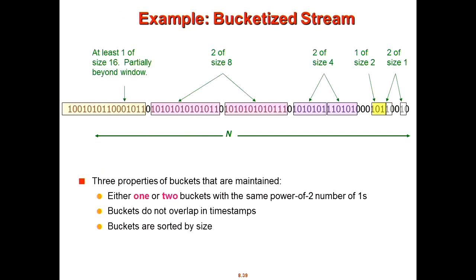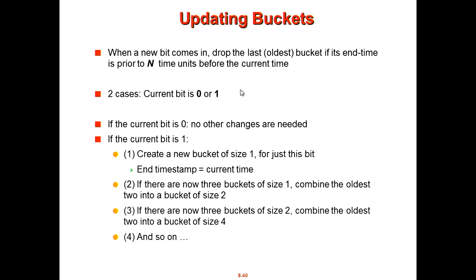With the given properties, the update process is like this. Given a new 0, you do nothing because this does not affect your existing buckets. Given a 1, you need to do the update. You create a new bucket of size 1.